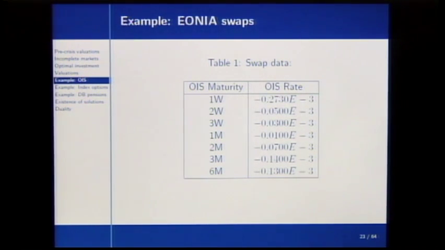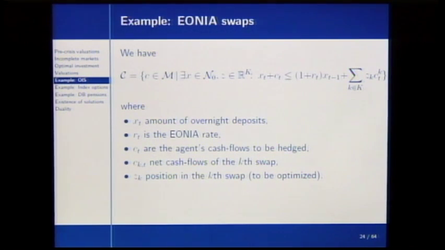For simplicity, we took the mid-swap quotes, using Bloomberg data. In this first example, we just have 7 different maturities for the swaps, and those are the hedging instruments in addition to the deposits we might make in the overnight rate.